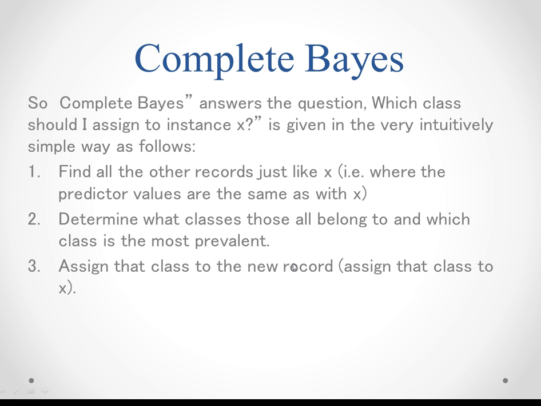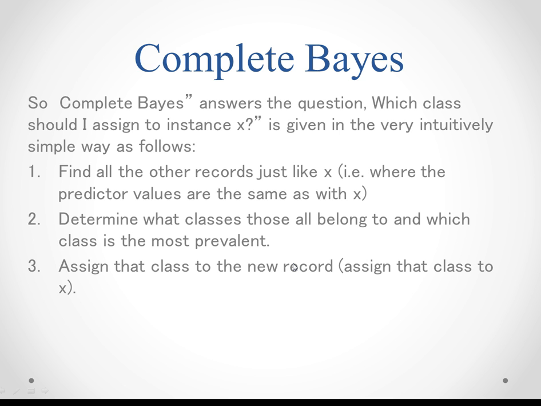Because there are more people like this person who were interested in computers than washing machines. So that's the rule: determine what classes those all belong to, and which class is most prevalent. Assign the most prevalent class to the new record. Do you understand it?